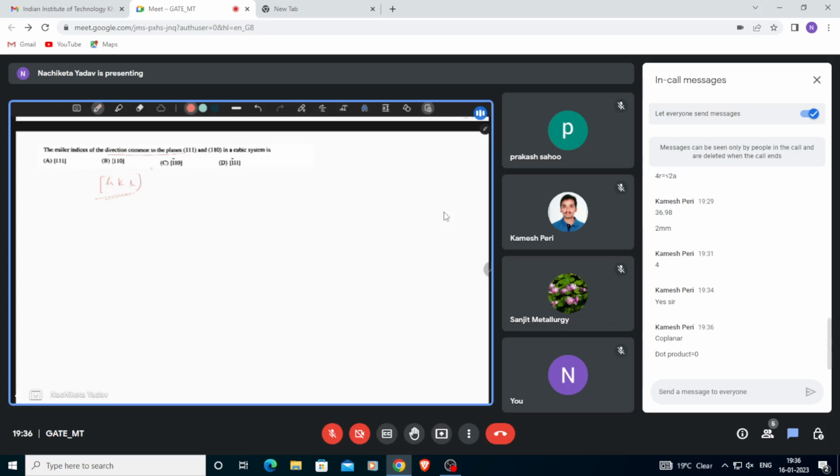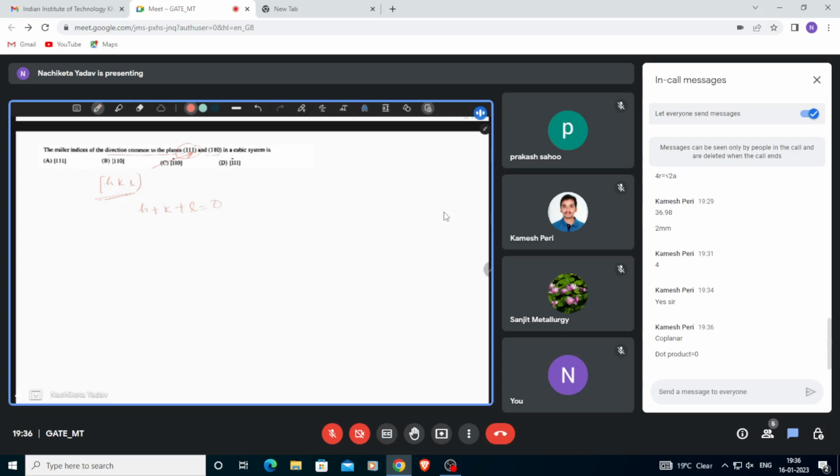If it lies in this plane, then the normal of this plane and this direction will make 90 degrees. So h into 1 plus k into 1 plus l into 1 equals 0.